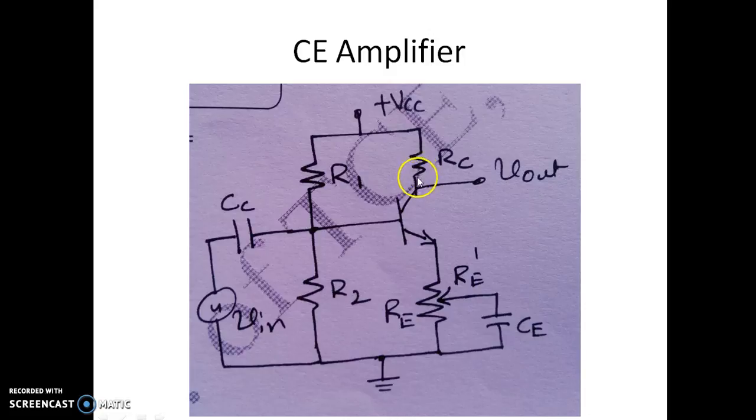RC is the load resistor which is connected between the collector and VCC, and the output is taken at the collector. RE is the emitter degeneration resistor and CE is the bypass capacitor.